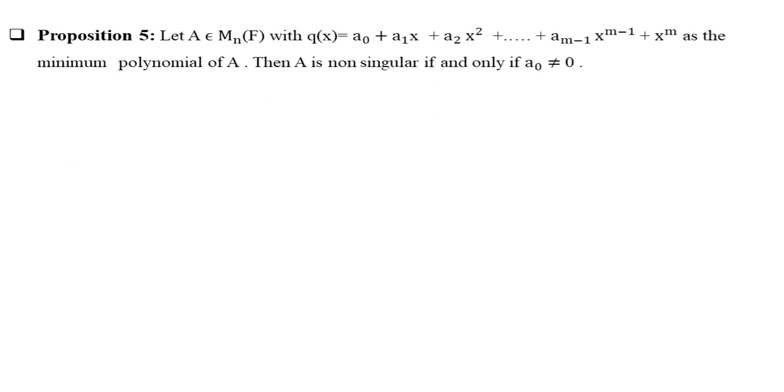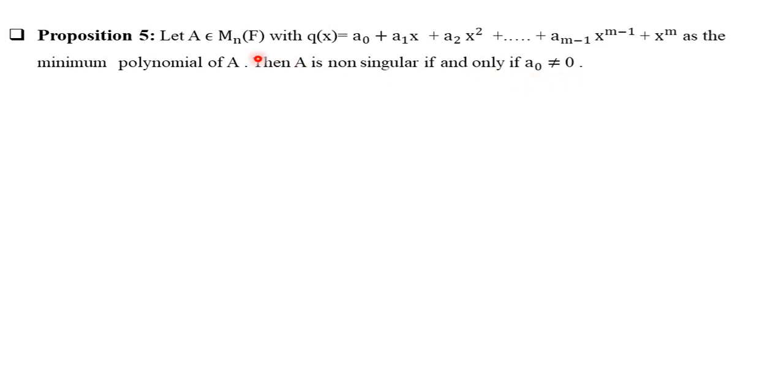Students, now we prove the proposition. Let A belong to Mn of F with q of x equal to a0 plus a1x plus a2x power 2 plus etc. plus a(m minus 1) x power m minus 1 plus x power m as the minimum polynomial of A. Then A is non-singular if and only if a0 not equal to 0.